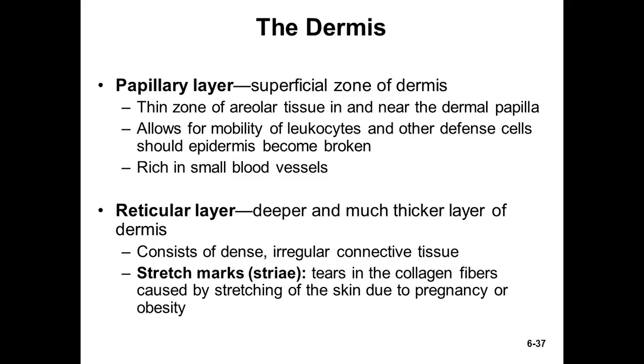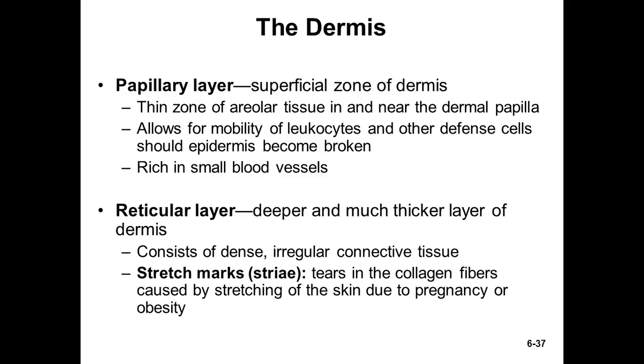So anytime you have a nick or the skin becomes broken, the leukocytes rush to that particular area, the papillary layer. There are a lot of blood vessels there, and they protect against any type of bacteria or fungi that could try and invade that particular layer. So you have your white blood cells in that particular area.